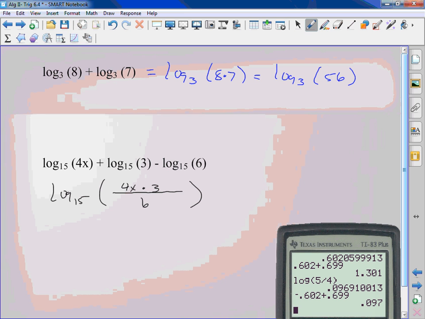The plus means times, the minus means divide. So this actually means log base 15. 3 times 4x is 12x. What's 12x over 6? 2x. So it's log base 15 of 2x. That's as far as I can go.